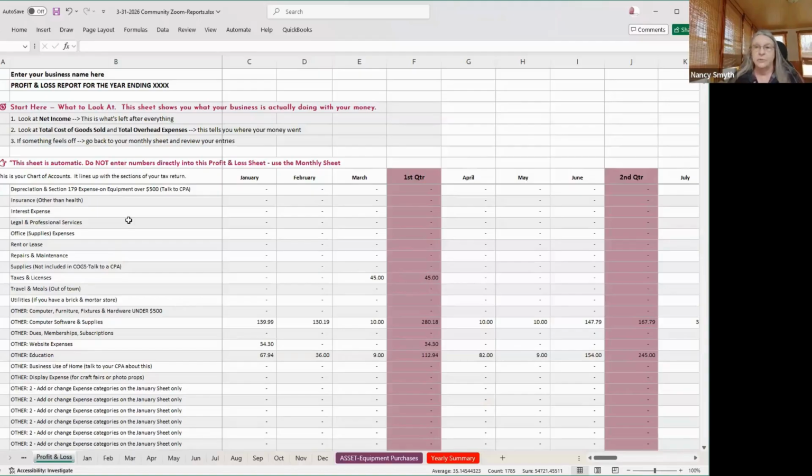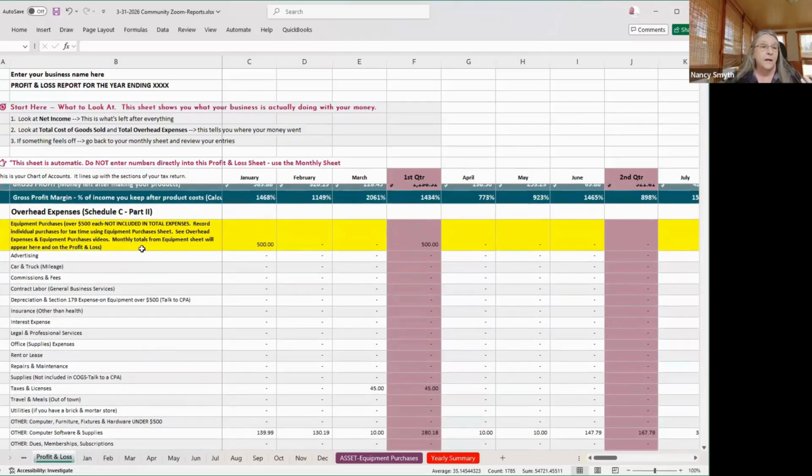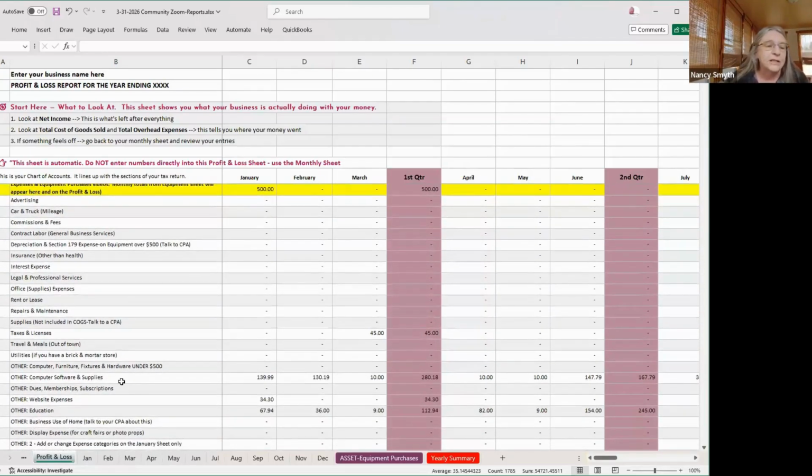Because everybody's question is, where does this go? What stupid little block does this go into? So I made it so that it's got, what is it, 16 or so standard categories. You can change them, okay?